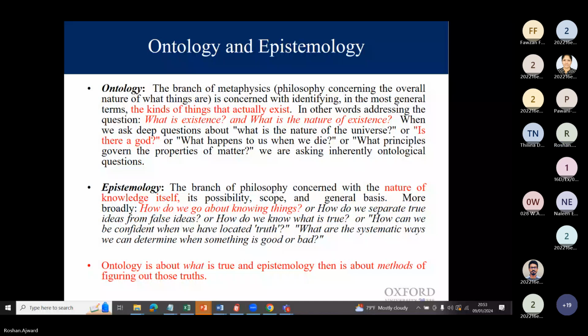Epistemology means how you would know that something exists. That's the nature of knowledge. How do we go about knowing things? In summary, ontology is about what is true or not true, and epistemology is the methods of figuring out that truth.